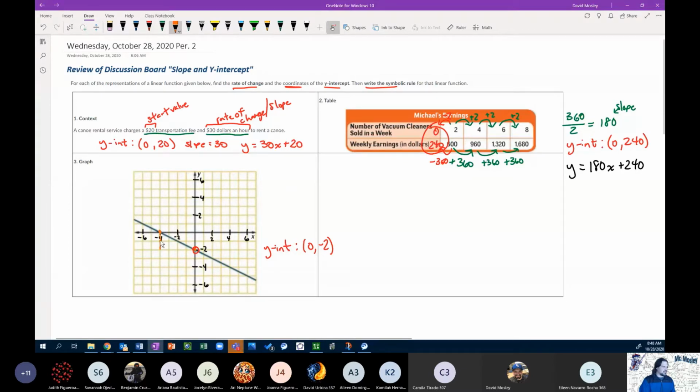To get there, I go down 2 in y and plus 4 in x. We have -2 divided by 4. We get -1/2 as the slope.